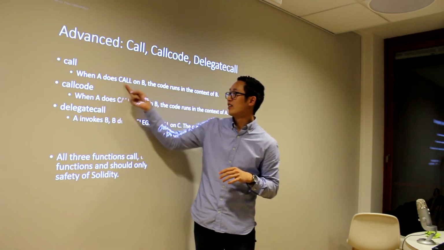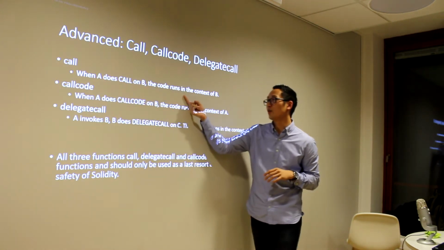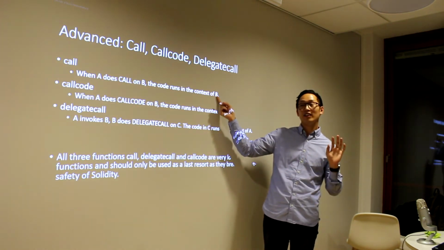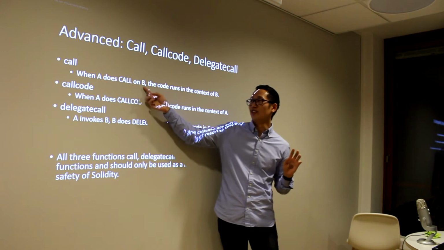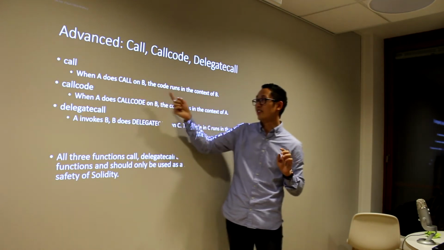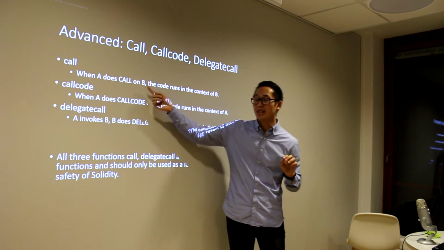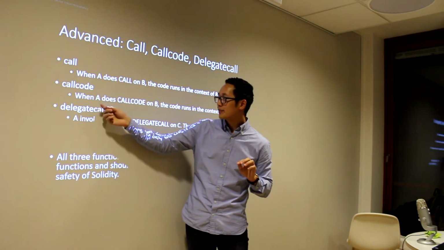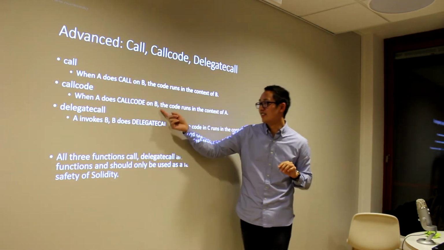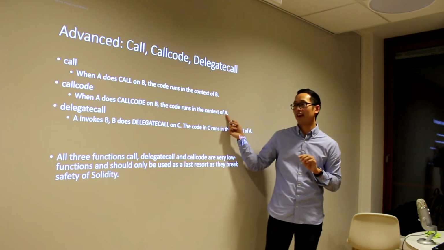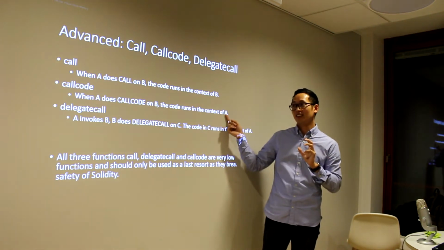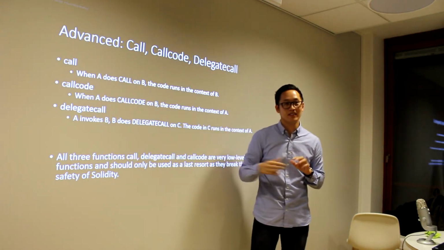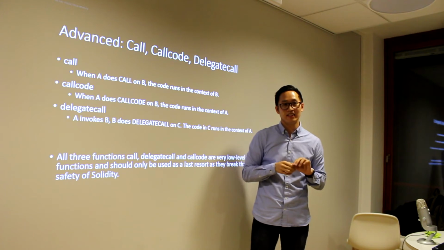When A does a call on B, the code will run in the context of B. So if you call this on the B contract, that means that this is B. The keyword this will be B. If A does a callcode on B, the code runs in the context of A. That means if you call this, it will be the contract A. Do you have access to all the variables, etc. via this? Yes.